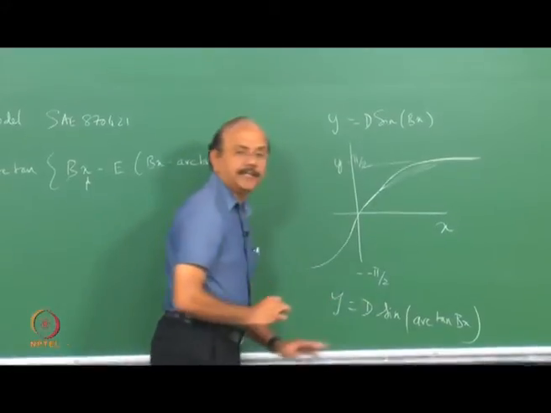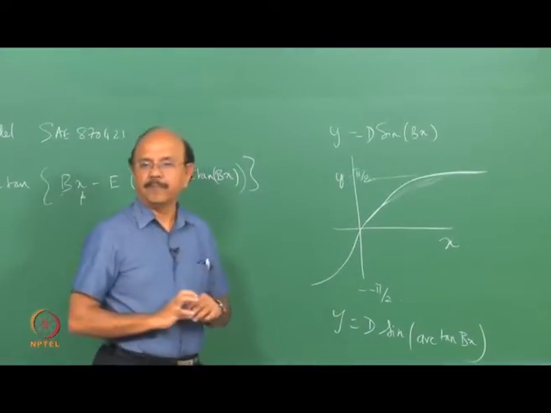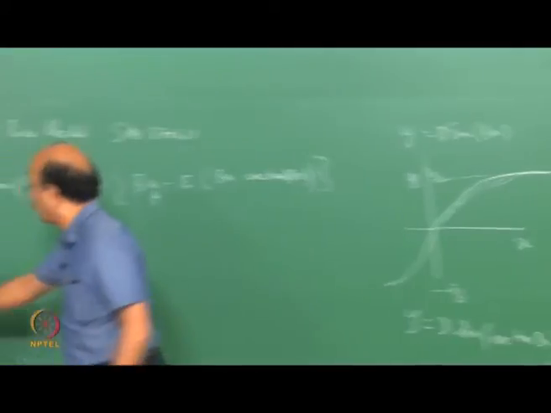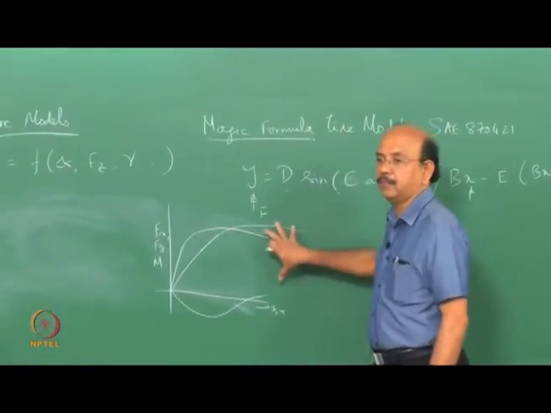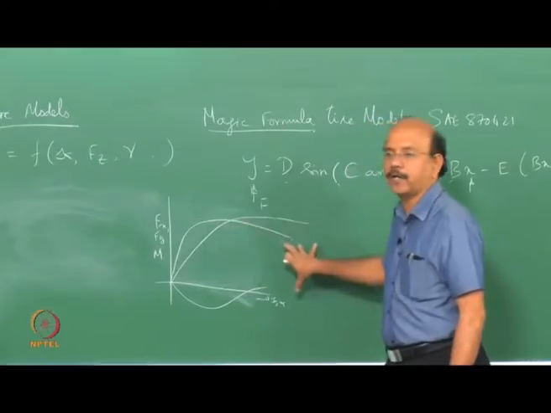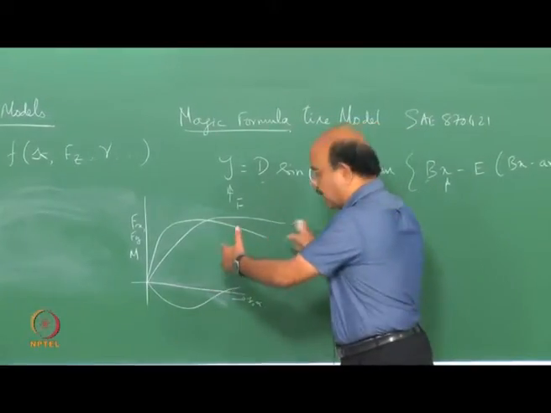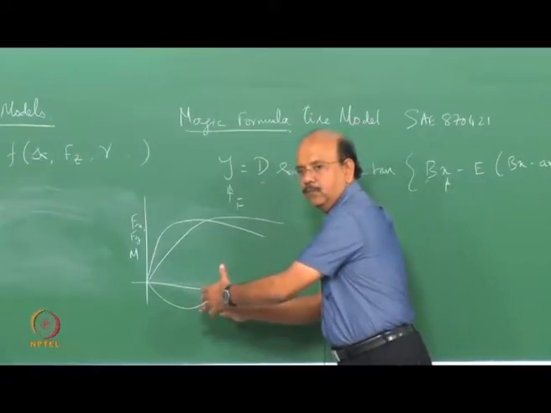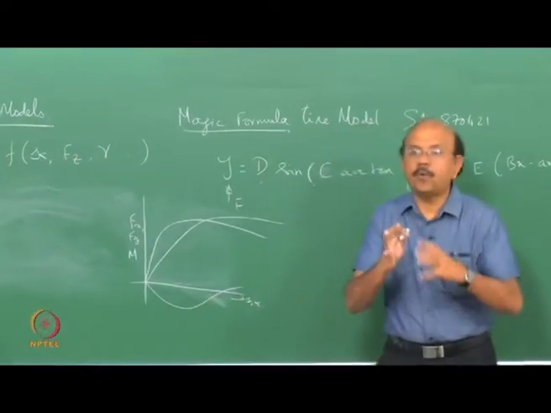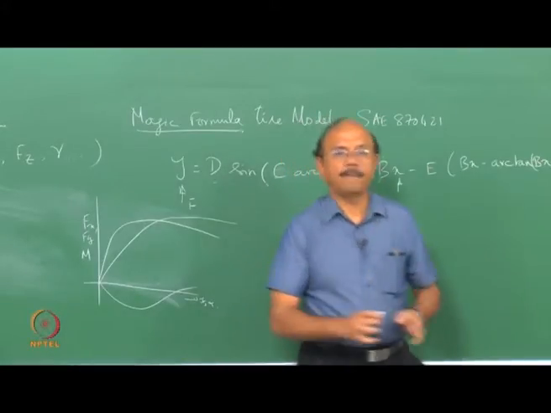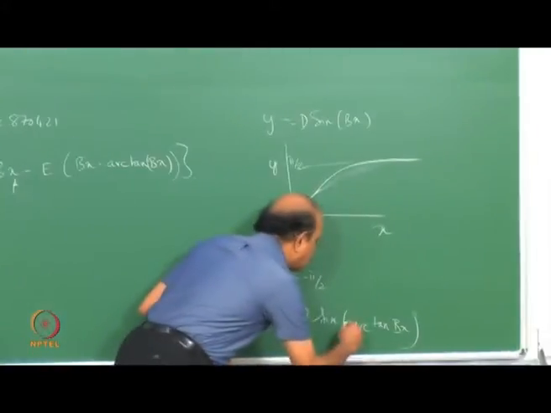Arctan bx, then I would elongate it. But the amount of elongation I have to now control. Here it is not very much elongated. Here it is elongated more, and then here it is elongated less, and so on. This looks like a sinusoid with a lesser elongation, larger elongation. Very short elongation. So I have to now adjust this elongation. How do I adjust that elongation? By multiplying it with a constant called c.